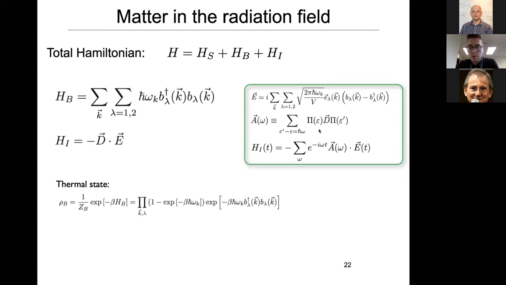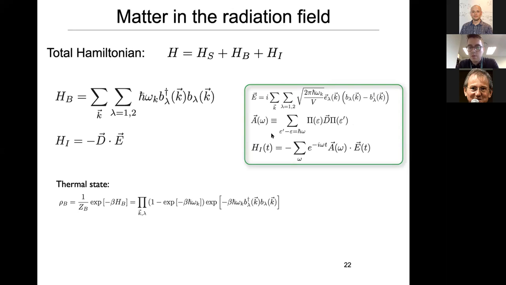Okay, so we define the eigenoperators of our system using the general formula, and we'll be projecting onto the system interaction term, which in this case, as I've already mentioned, is the dipole operator.